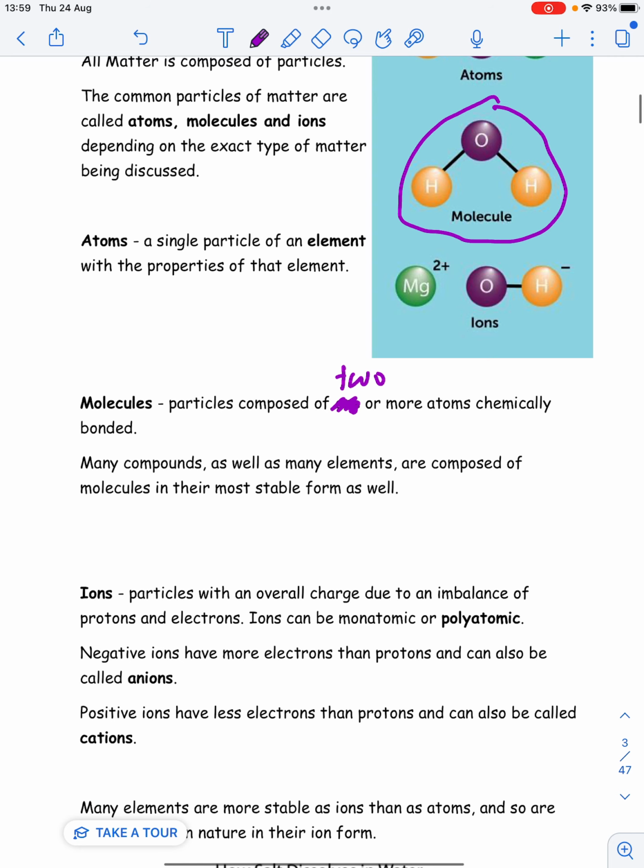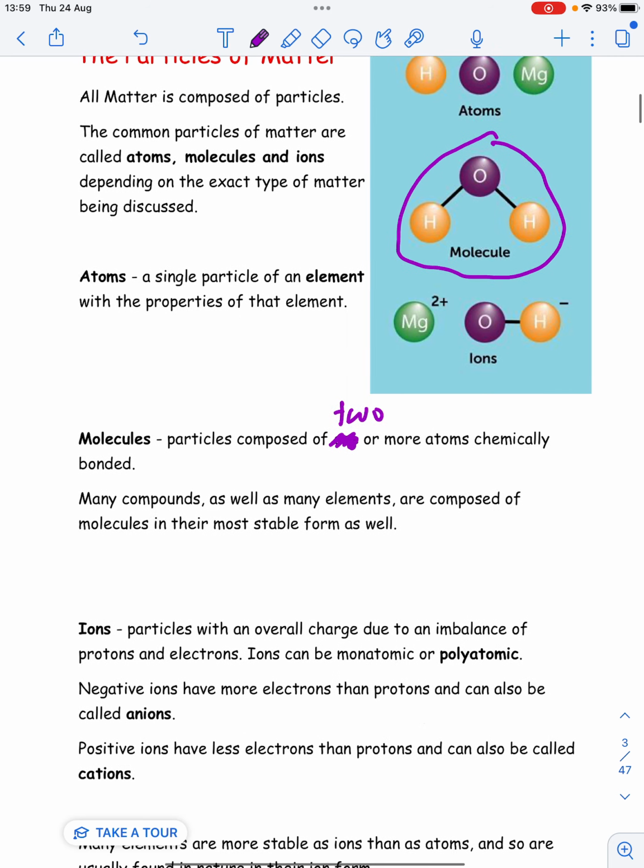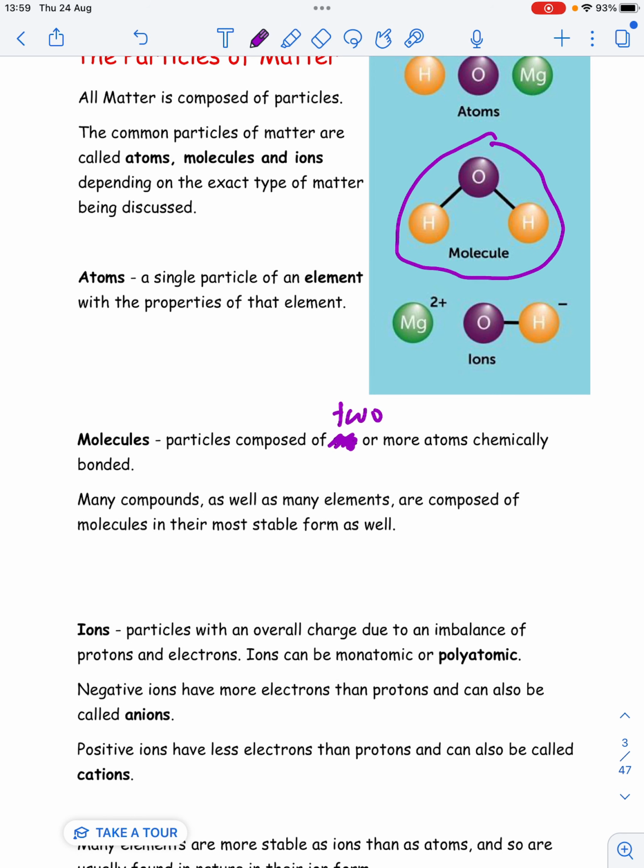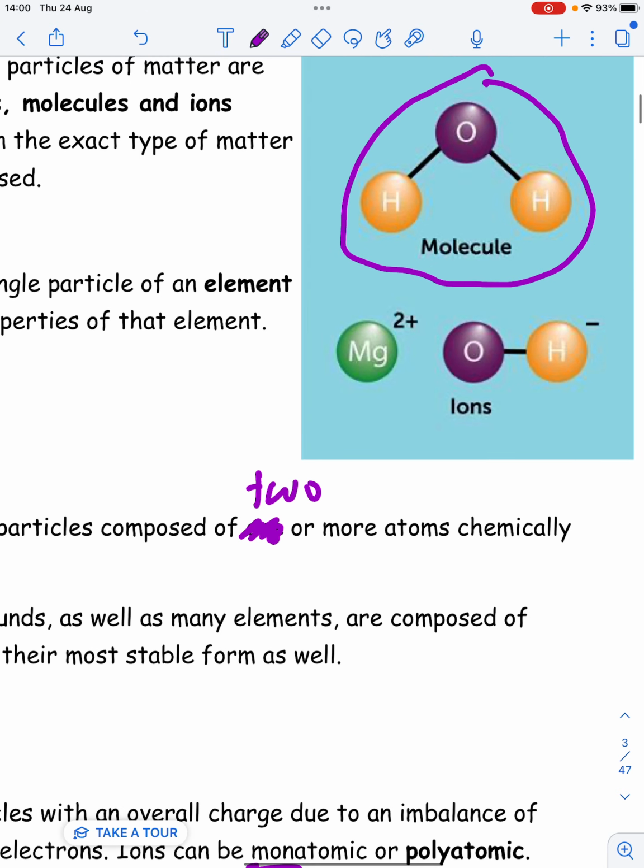Now, the third sort of component particle that we're going to see a lot are ions. Ions can be single particles, so they can be monatomic, or they can be polyatomic. So you can look up here. This right here represents a magnesium ion, and ions have charge. So atoms can gain and lose electrons. And so this is a magnesium ion.